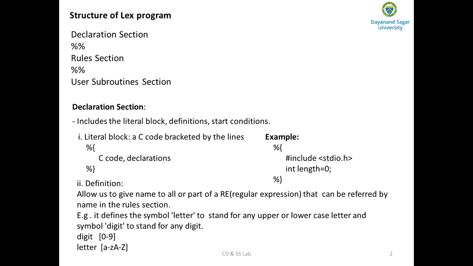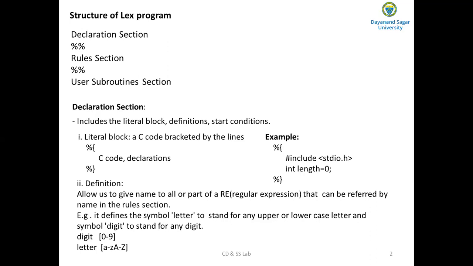After creating this lex specification in a file, say for example lex.l, it is run through a lex compiler. Lex compiler is nothing but your lex tool or lex utility. What it does, it will produce us a C program, say for example lex.yy.c. Okay, and finally this lex.yy.c is run through a C compiler to produce an object code, and the object code file name is a.out.